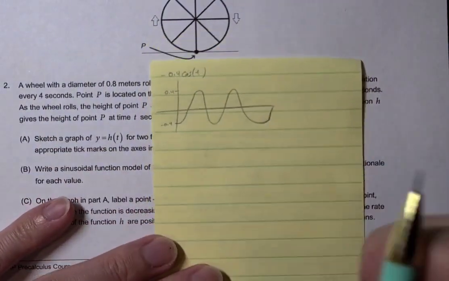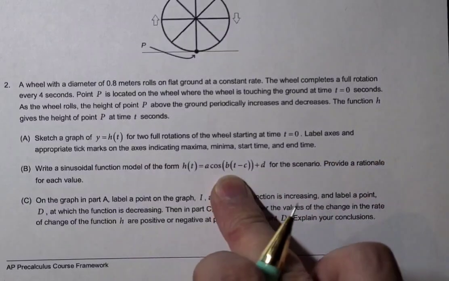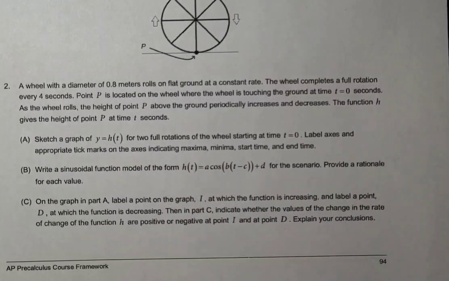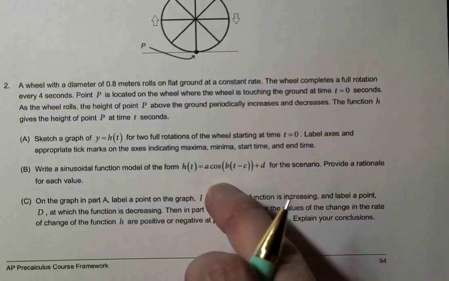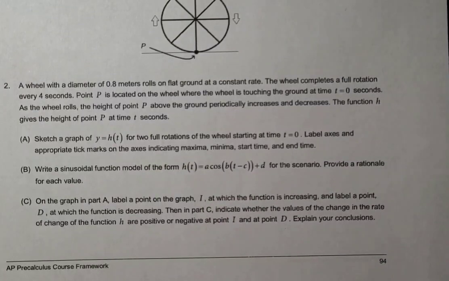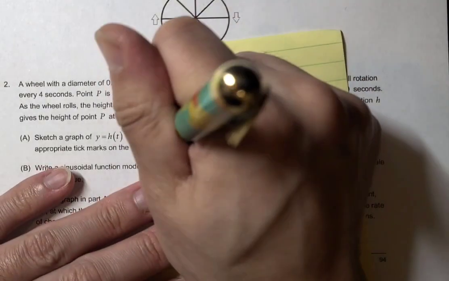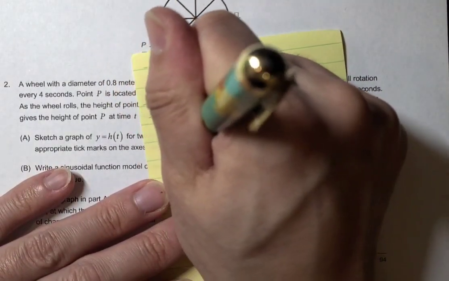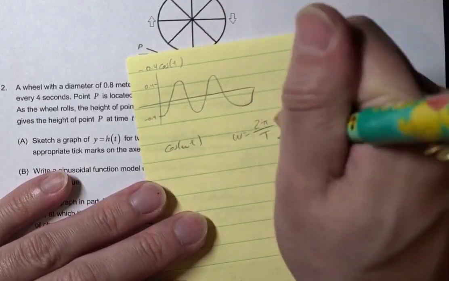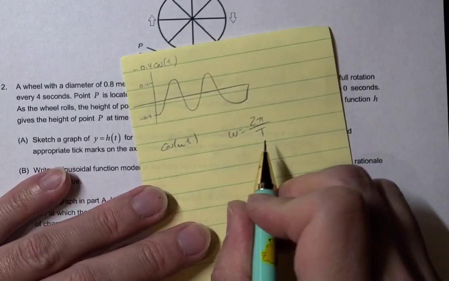But anyway, to get B and C, B has to do with the period. In engineering terms, we call it the angular frequency, omega. If you remember, if we have the form cosine of omega t, omega is 2 pi over capital T, where capital T is the period.